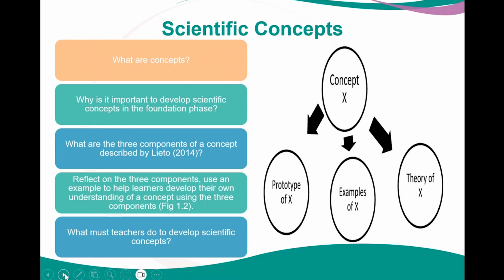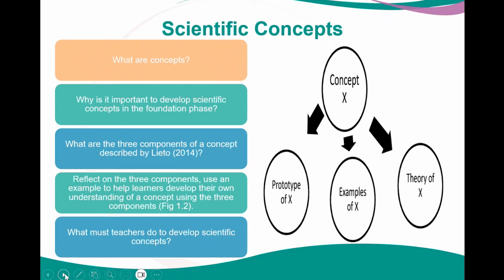So concepts are these basic units of knowledge, and they allow our students to organize and categorize information. And when they're able to organize and categorize information, it plays an important role in the process by which scientific concepts are developed in the brain. So we need to consider the various ideas about what concepts are exactly, and also maybe describe them in different components. So there are different types of concepts that build different bodies of knowledge.